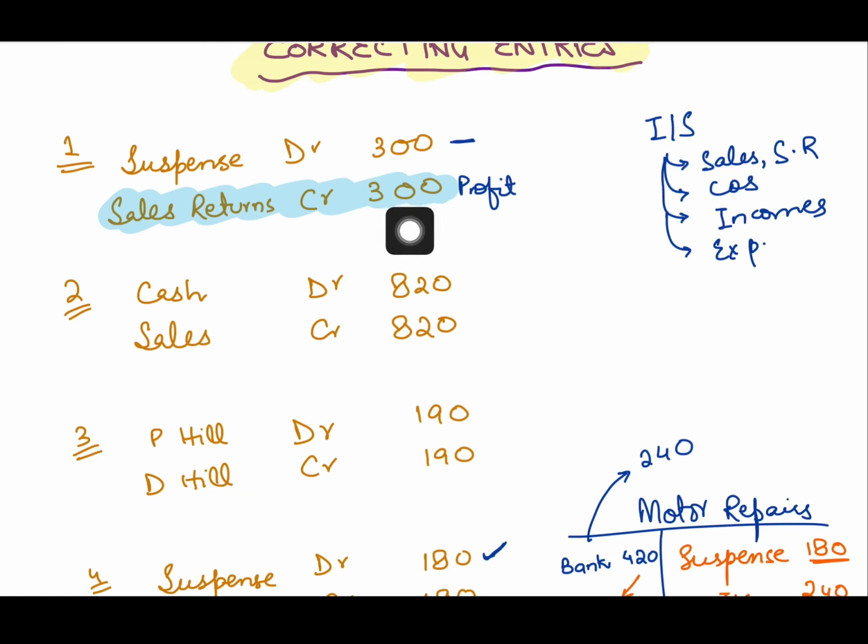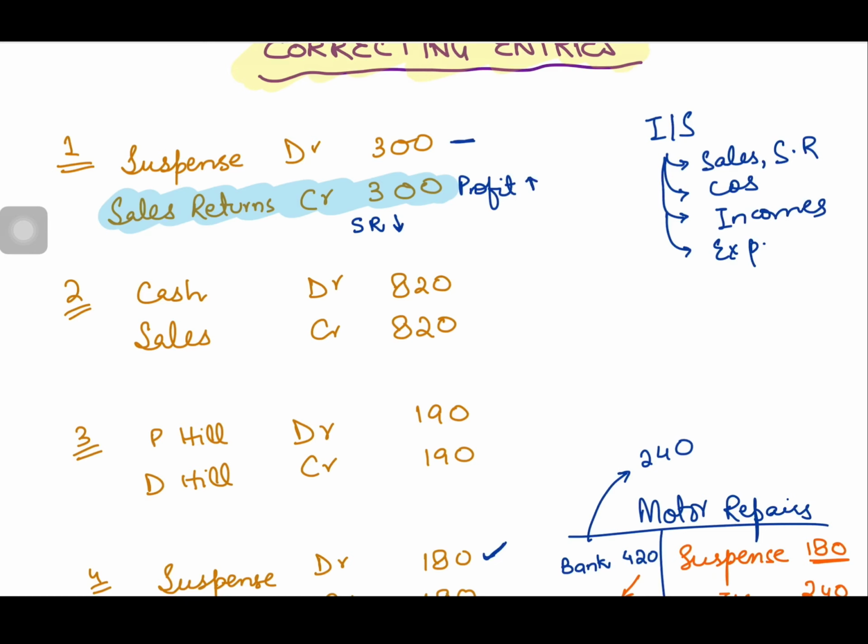Whenever sales returns are overstated, this means that more sales are being returned to you. So you overstated that. Now by crediting it, we are decreasing our sales returns. That is, not that much sales were returned, right? So by decreasing your sales returns, your net sales will increase, and that will increase your profit as well.